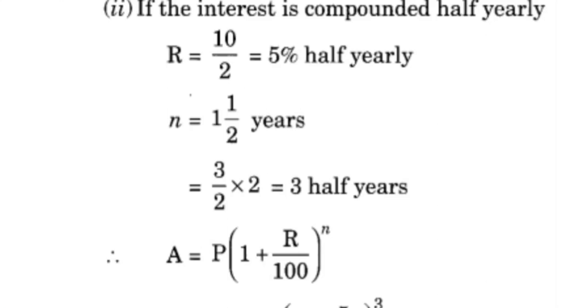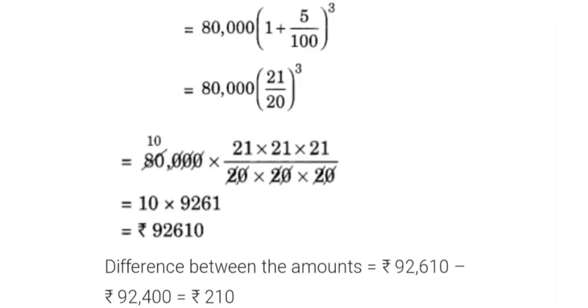Now use the formula of amount: P in bracket 1 plus R upon 100, power is N. So put the values: 80,000 bracket 1 plus 5 upon 100 bracket close, power is 3. So 80,000 in bracket what will come? 21 upon 20 and power is 3. Now let's simplify. So answer is rupees 92,610.